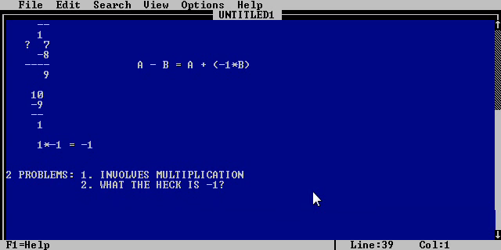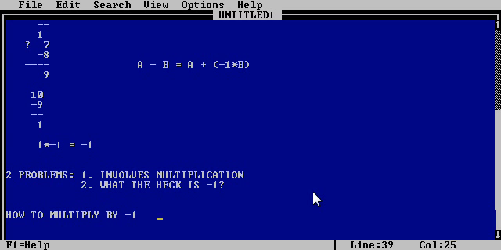And of course we don't want multiplication. But here goes. How to multiply by minus 1.